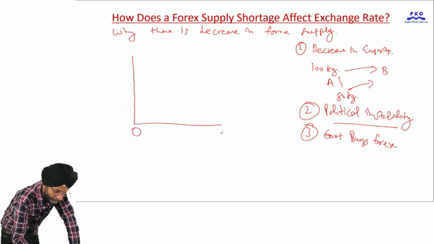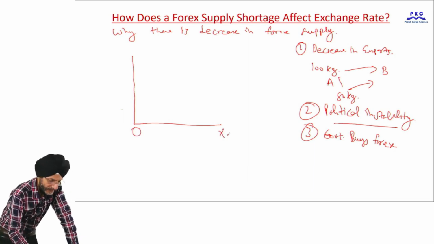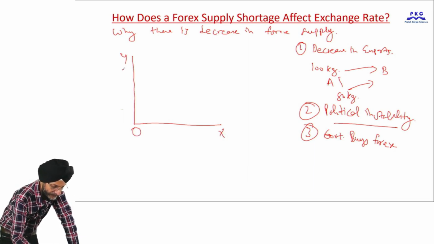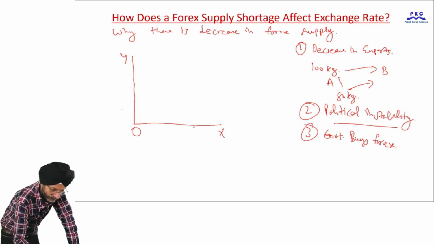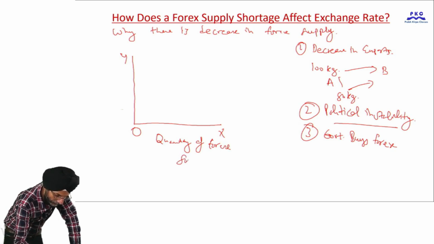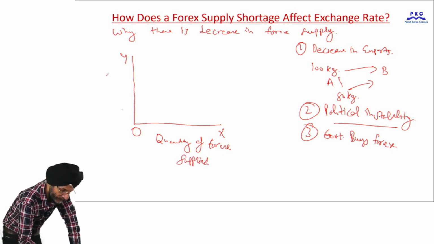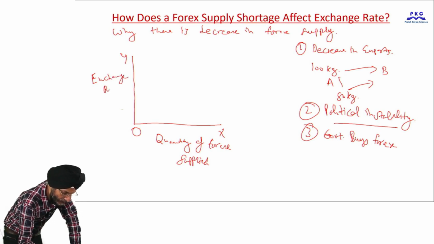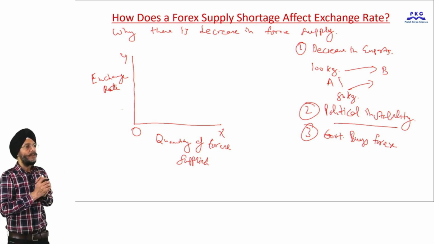As you know that OX is the X axis, OY is the Y axis. On the X axis, we will study quantity of forex, foreign exchange supplied. On the Y axis, it is exchange rate or the price of foreign currency in relation to the domestic currency.